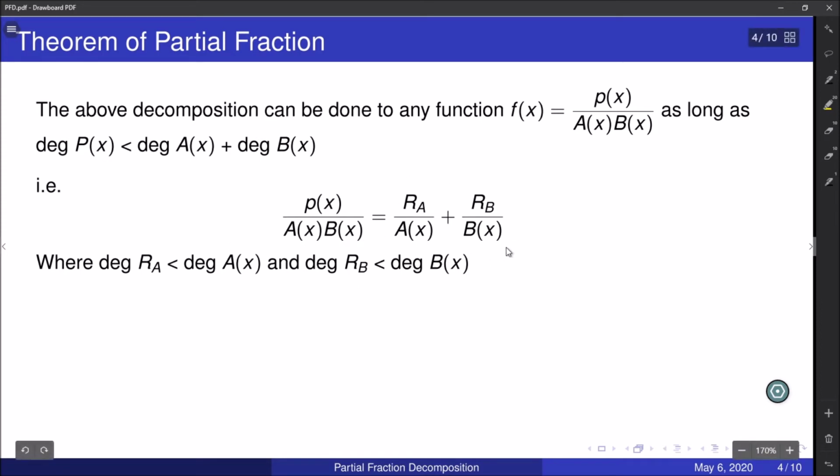In fact, this decomposition always exists, and it's always unique.